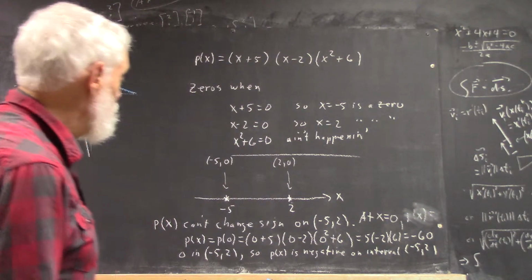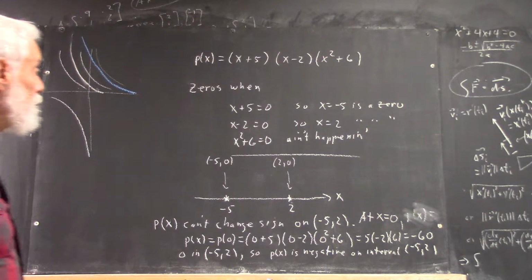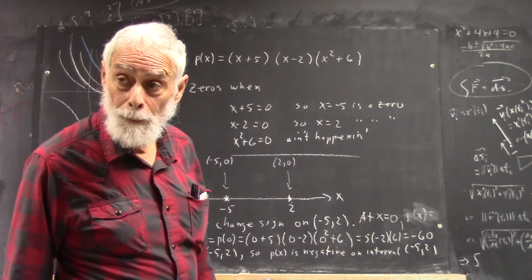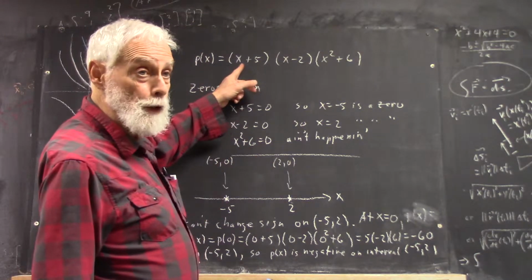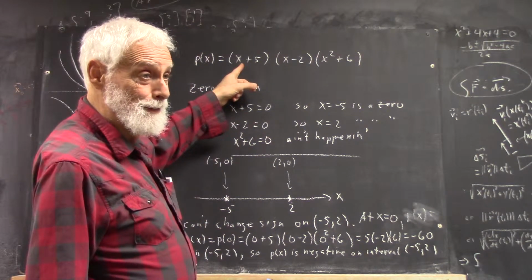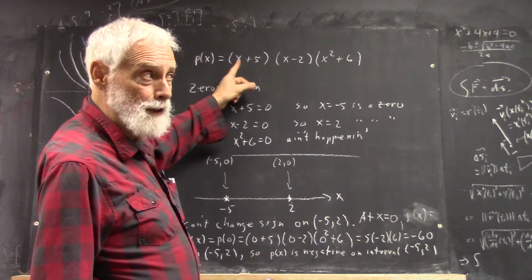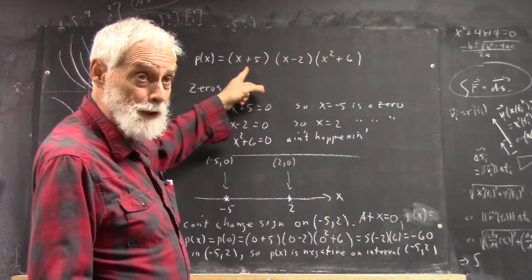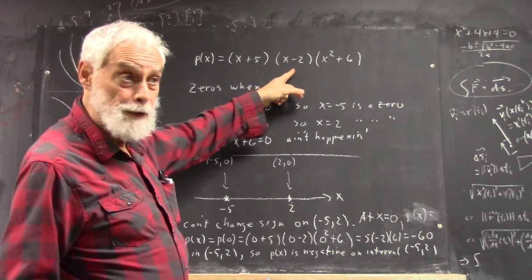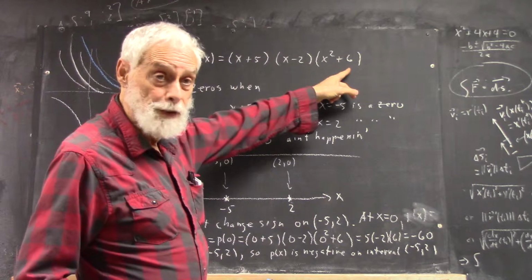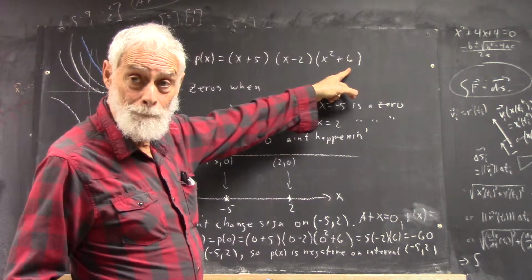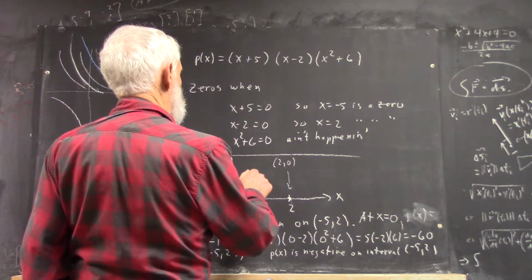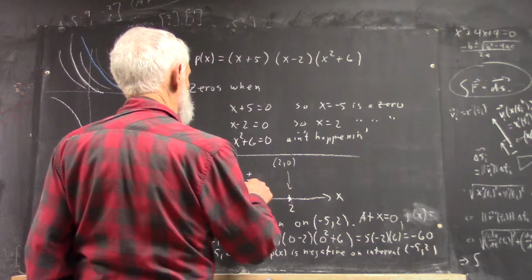Okay, well, now the way I'm going to write this, if x is 0, I don't really care what the numbers are. If x is 0, is this positive or negative? X plus 5. If x is 0, x plus 5 is clearly positive, right? And x minus 2 is negative, and x squared plus 6 is positive, right? So really all I have to do is write shorthand: plus, minus, plus.